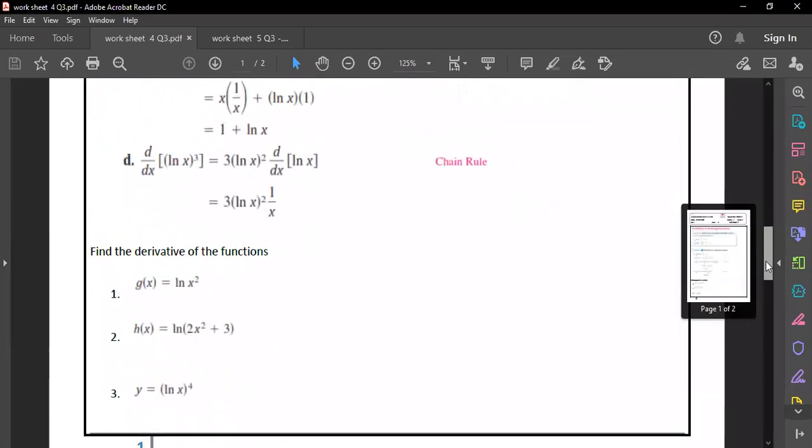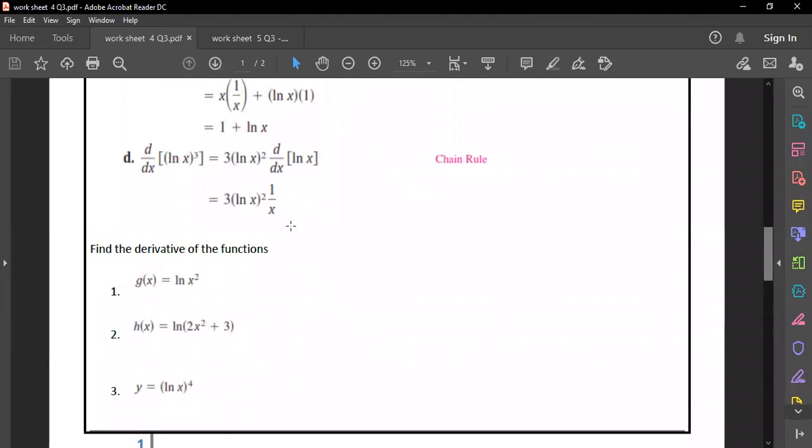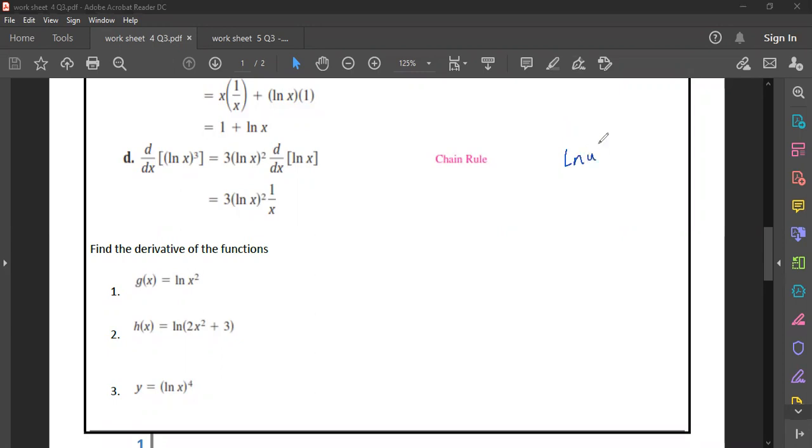Here, with this one, I think it's trivial. Just apply the rule directly. I don't need to rewrite the function. The derivative of ln u will be u prime over u. Where is u?